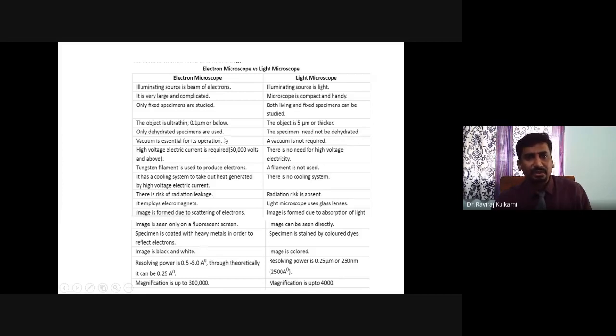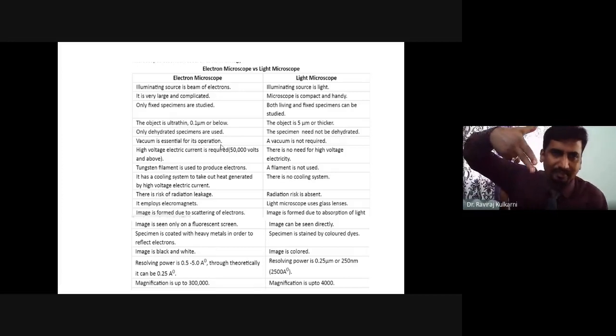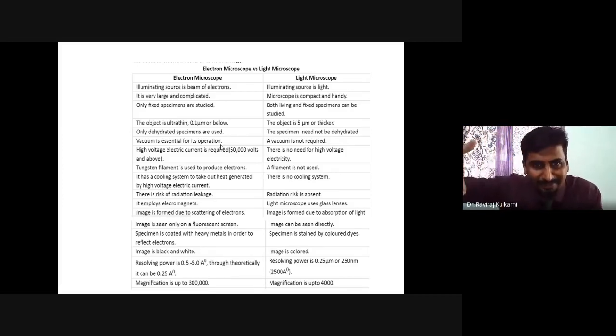And this is very important. The electron microscope requires what? Vacuum. If I take an electron gun and fire it, the air will absorb the electrons. So I need to create what? Vacuum.